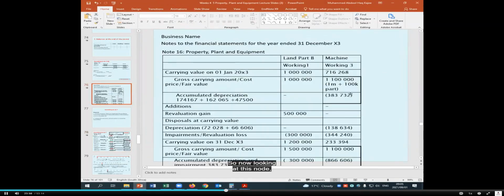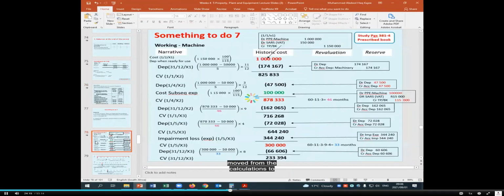So now looking at this note, I can know that this was my opening balance because I had these two amounts. These were my movements for the year, and this is my closing balance. Any questions about how we moved from the calculations to the note?